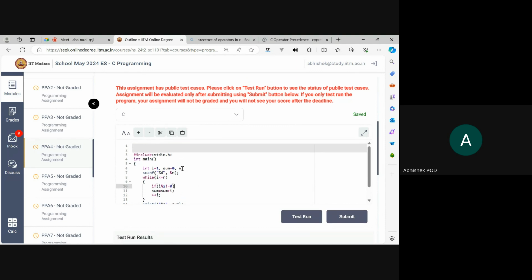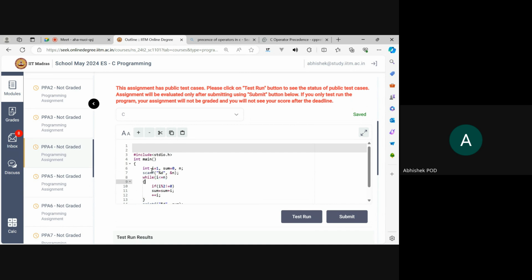Okay, all right. So one thing, I forgot to mention that. See, the condition that we are putting here is I less than equals to n. Instead, what you should be doing here is, let me do it this way itself.